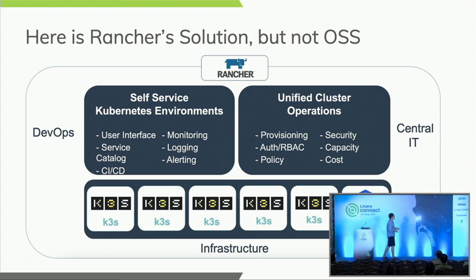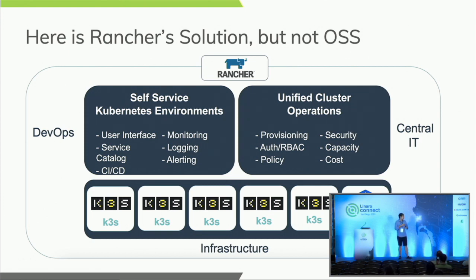The idea is that they will run unified cluster operations on a cloud node, to do the provisioning, the security, the capacity and the policies, and also the role-based access control. So all the things in the green background will be running at the data center level, and the K3s clusters will be running at the edge level.